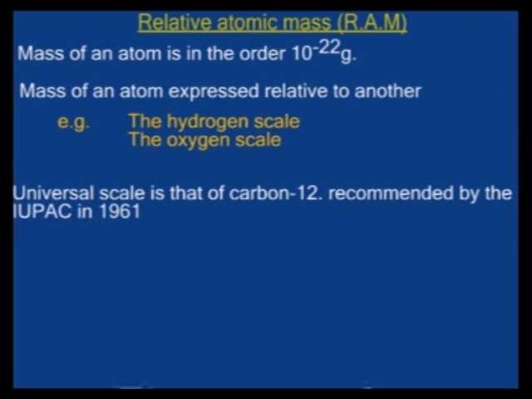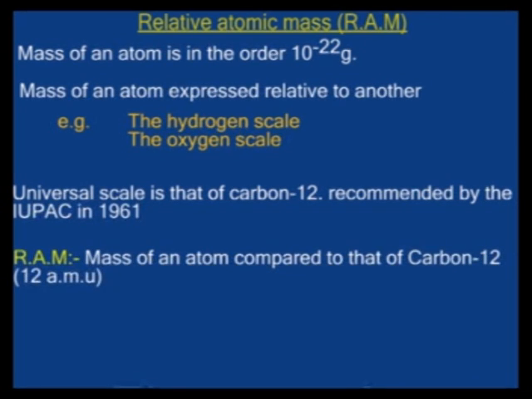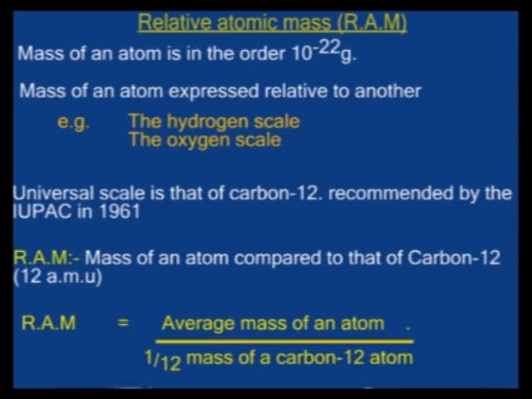Therefore, the relative atomic mass unit is defined as the mass of an atom compared to that of carbon-12, which is 12 atomic units. Mathematically, relative atomic mass is equal to the average mass of an atom over the mass of an atom of carbon-12.